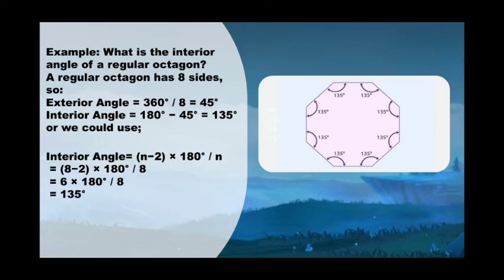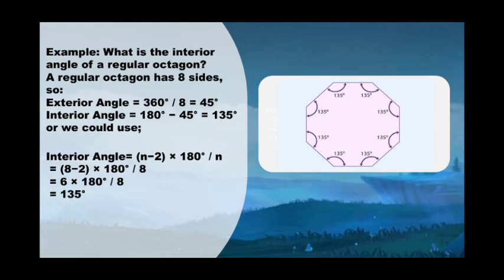So, pwede naman natin yung gamitin yung formula talaga ng interior angle. So, interior angle is equal to (n minus 2) multiplied by 180 degrees divided by n. So, we have now the 8. Our n here is 8. So, (8 minus 2) multiplied by 180 degrees divided by 8.